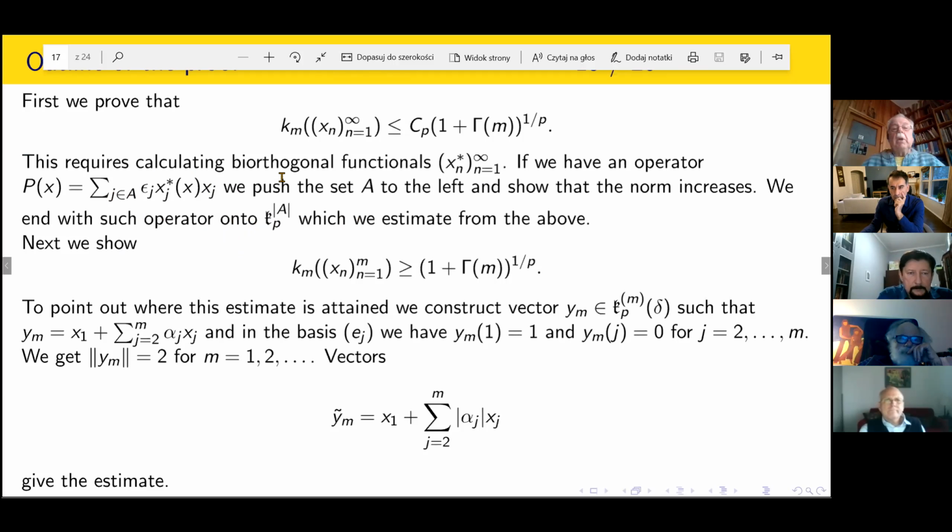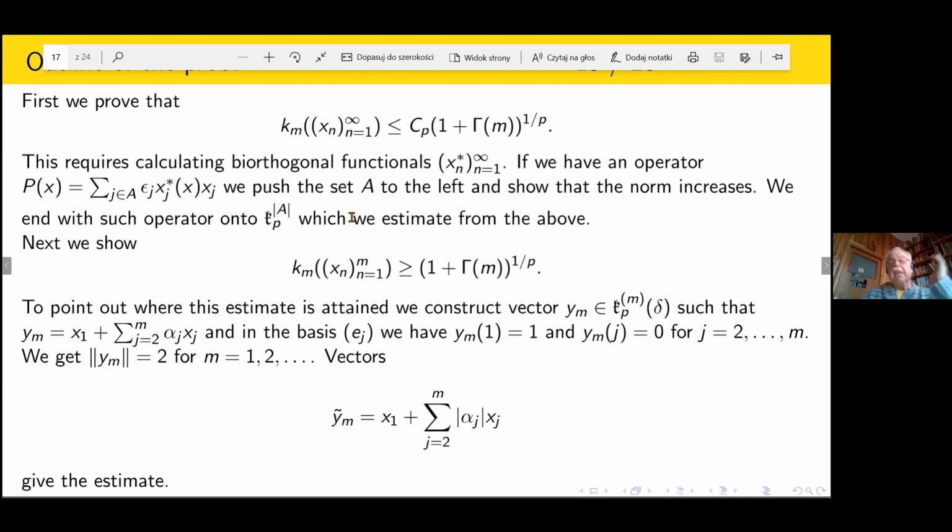And then we have those functionals explicit, and we estimate them basically by the triangle inequality, and we get something like this.